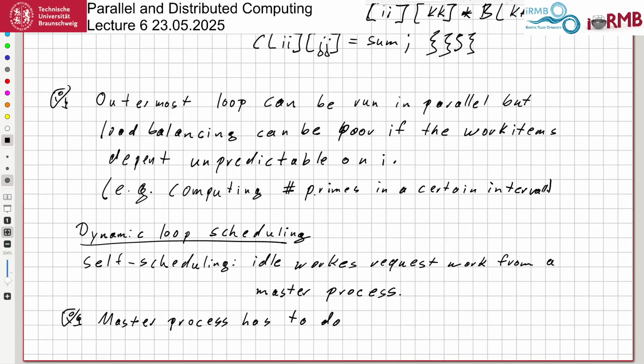So the master process has to do the bookkeeping on what work has been assigned, or at least the work that has not yet been assigned.